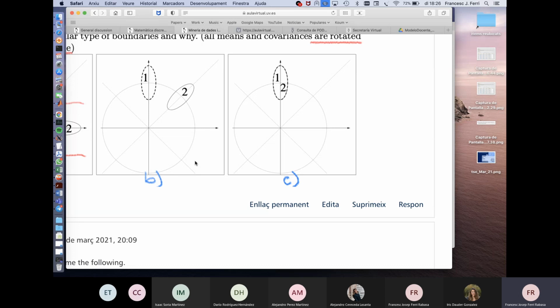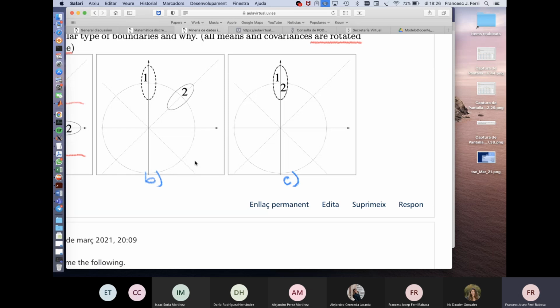Which is the boundary? The shape of the point. Something like this? Any other answer? A plane vertically?